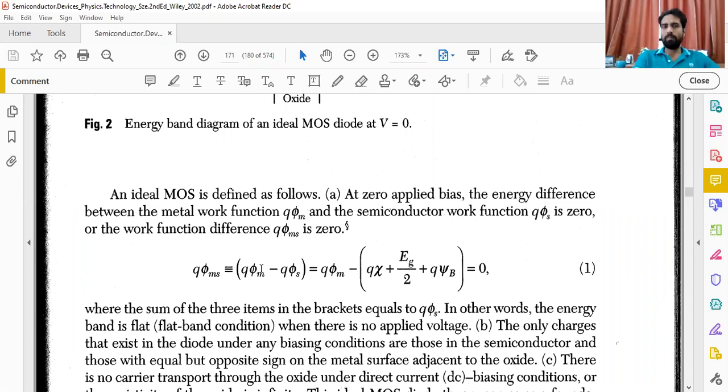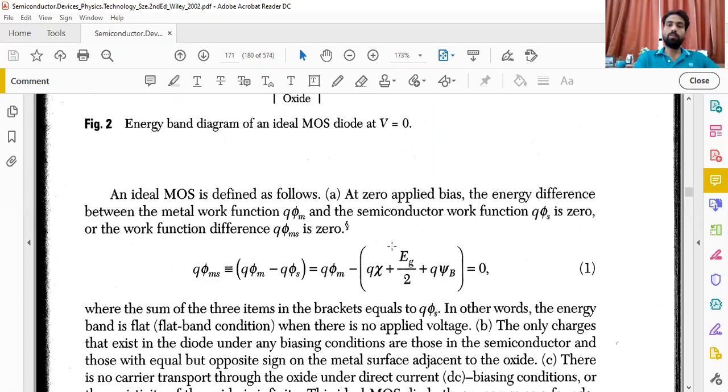So they are doing nothing but simplifying that equation. The work function difference between metal and semiconductor is taken as Q phi ms, which is Q phi m minus Q phi s.